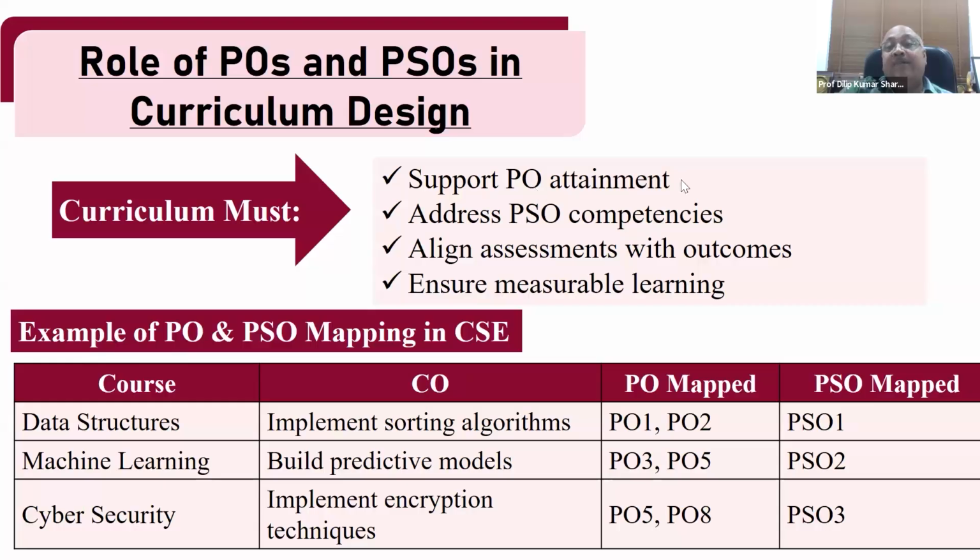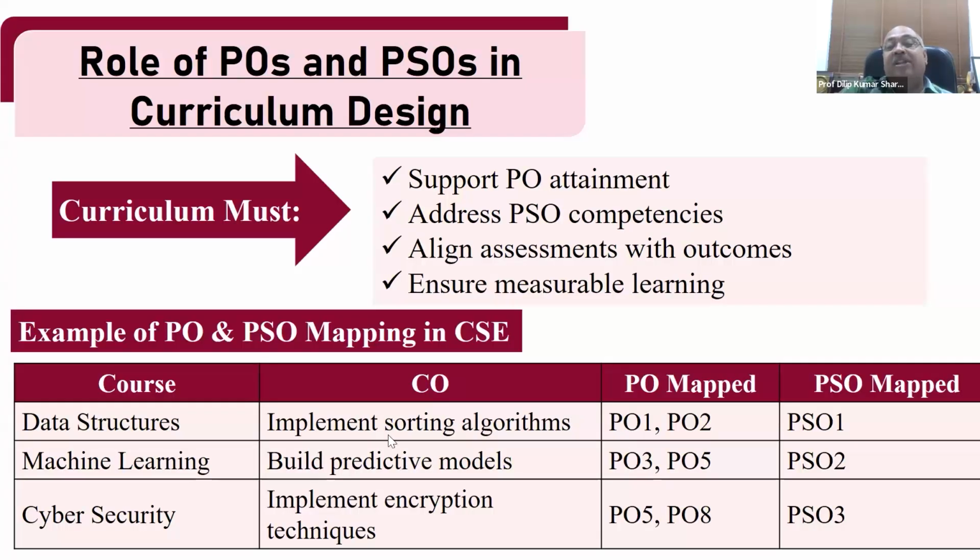So what is the role of POs and PSOs in curriculum design? Support program outcome attainment, address PSO competencies, align assessment with outcomes, ensure measurable learning. Just like I took one example: you have a data structures course, and you are going to have a course outcome, say implement sorting algorithm. Now you have to map that course outcome with the different program outcomes.